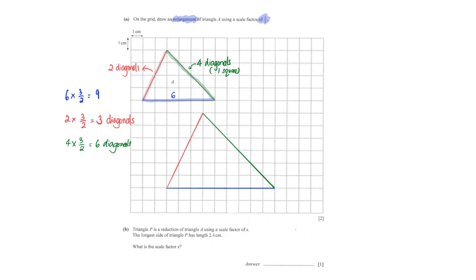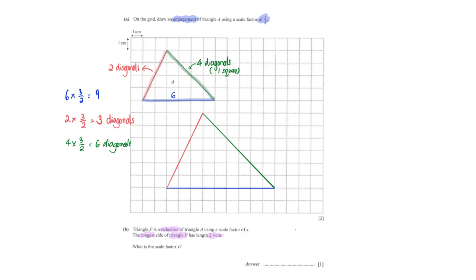Reduction, okay, means this triangle P, the new triangle, is going to be smaller. And indeed, they tell me the longest side of P is 2.4 cm. What is the scale factor?